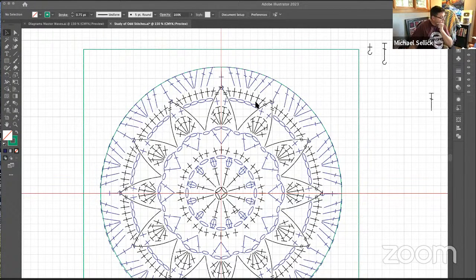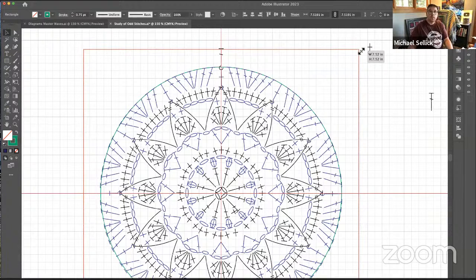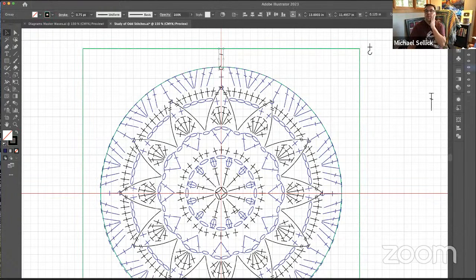So I want to position my back post in first. Okay, and now I know the height. And we're going to put that onto round number 9.